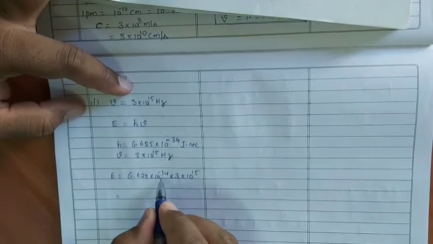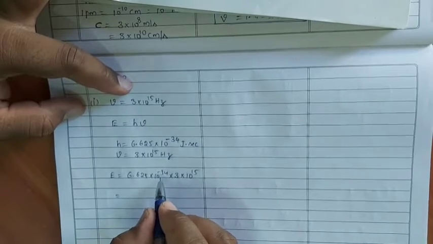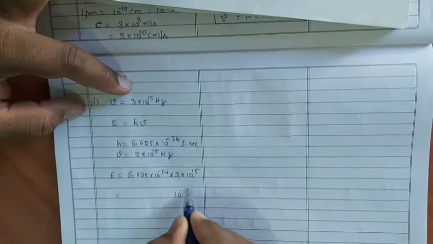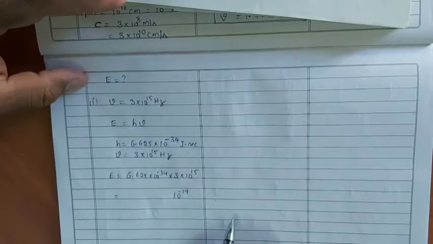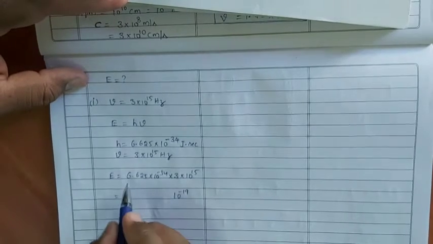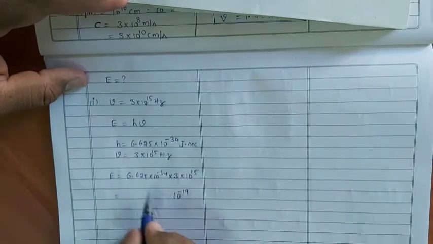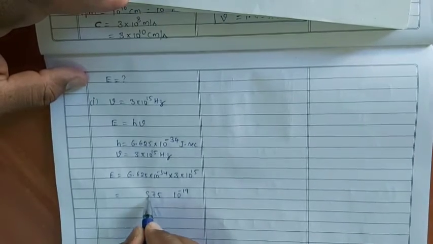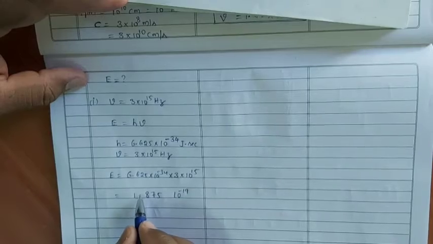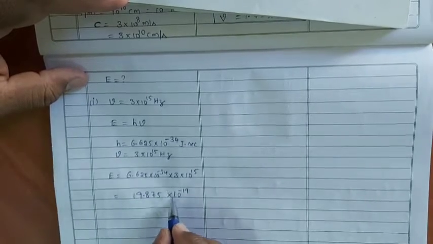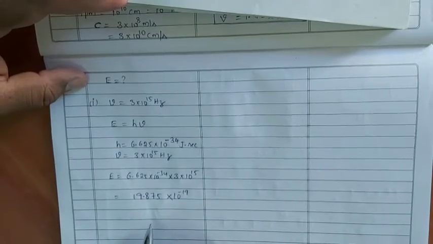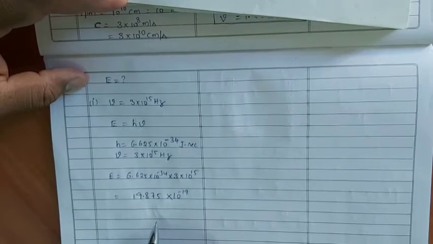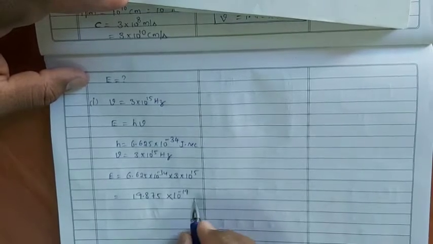10 power 15 into 10 power minus 34, that is 10 power minus 19. 6.625 into 3. 3 5s are 15, 3 2s are 6, 7, 3 6s are 18, 19. 19.875 into 10 power minus 19. This is the answer.